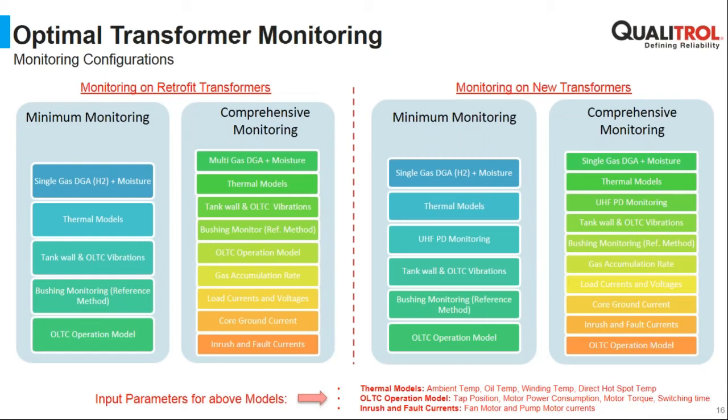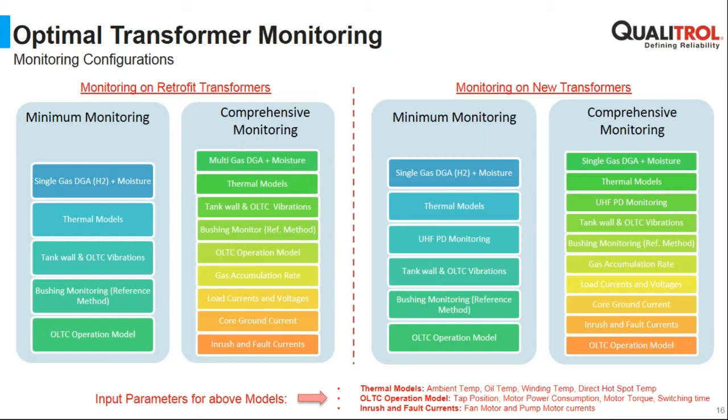But just an example set for the minimum monitoring could be just looking for H2 and moisture, because moisture is one of the most important things, and H2, of course, increases once you have problems in your transformer which happen in oil and are related to higher temperatures. Then thermal model. By the way, the input parameters for these models you can see on the bottom of the slide, so I don't go too much into that.